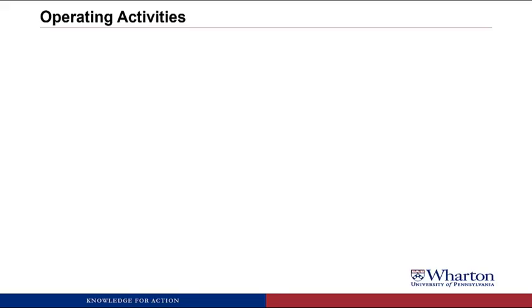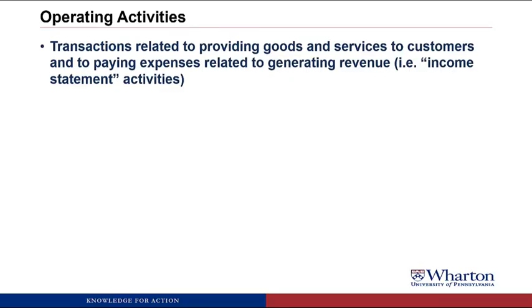Let's talk about each of these three buckets of activities in more detail, starting with operating activities. These are transactions related to providing goods and services to customers and paying expenses related to generating revenue. The best way to think about this section is it's the analogy to the income statement. So transactions that appear on the income statement, we tend to see their cash impact in the cash from operating activities section.